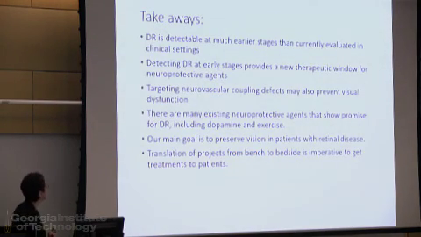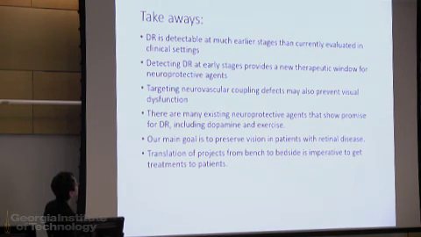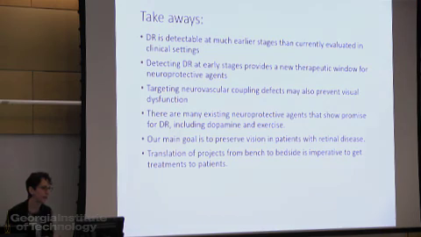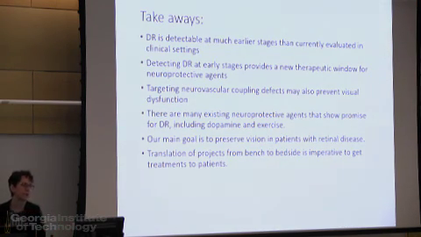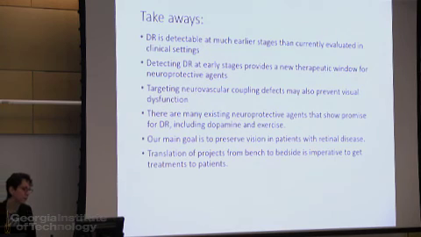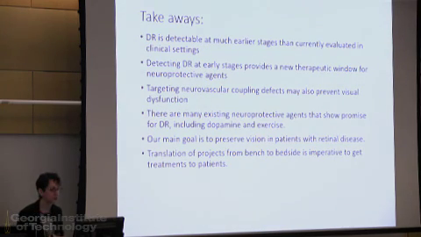So I'd just like to end with a couple takeaways. So DR is definitely detectable at much earlier stages than currently evaluated in the clinical setting. And if we can detect at these earlier stages, we're going to have a new therapeutic window for neuroprotective agents. I also think treating neurovascular coupling defects may prevent visual dysfunction.